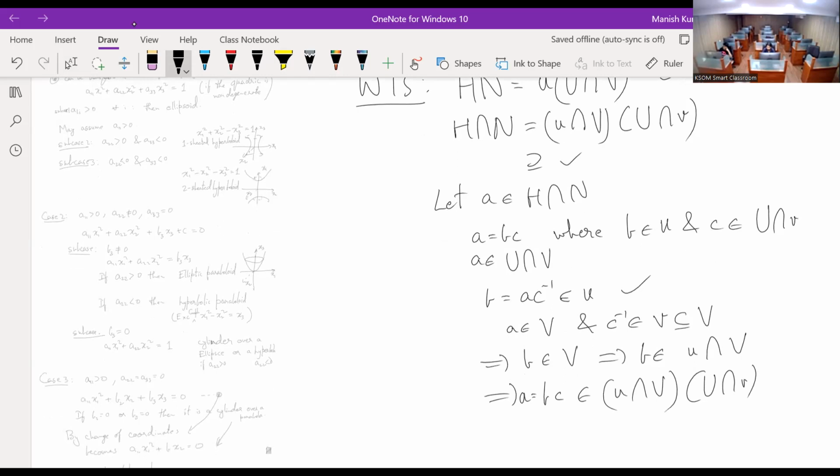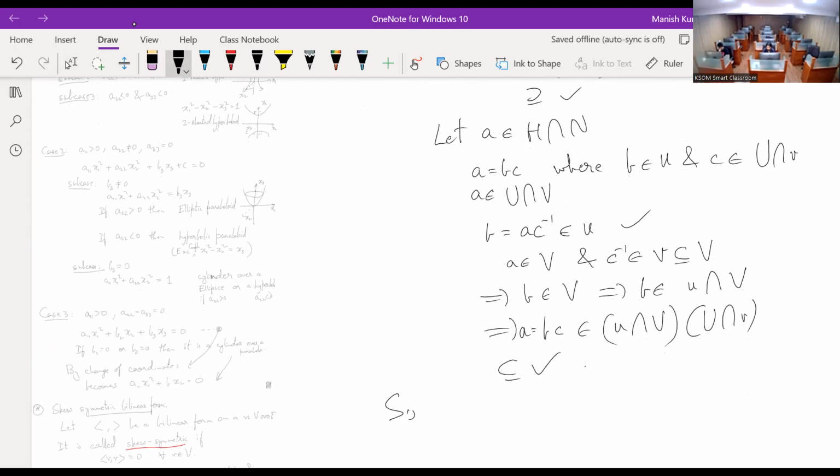Hence this inclusion is also done. So the two groups are the same.